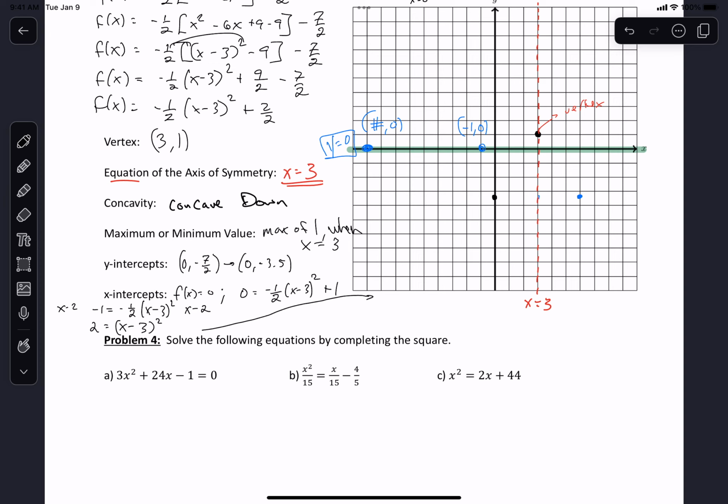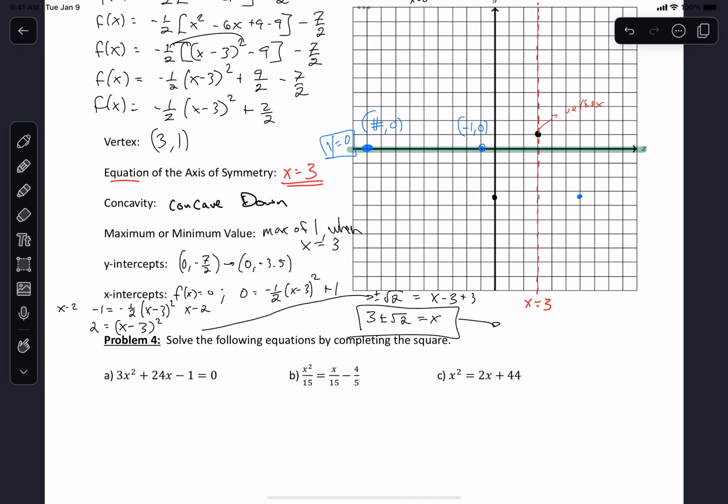The same way division is the opposite of multiplying, or subtraction is the opposite of addition. So I'm going to square root both sides. The only catch with that is when I square root both sides, I have to write the plus minus. Okay, and then I'm going to add 3 to both sides, and I'm almost done. So I get 3 plus or minus the square root of 2 is equal to x.